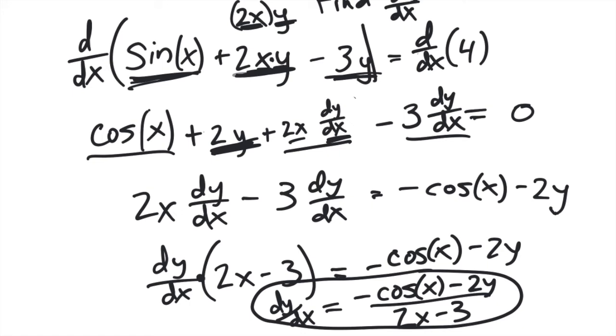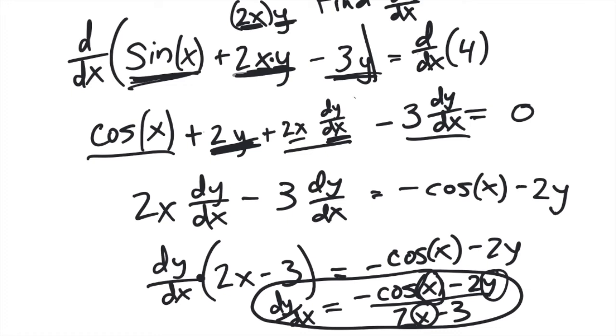So what you could do, though, is if you could find a point on that graph, an x and a y coordinate, and you want to know the slope of the tangent line at that specific point on the graph, you just need to know its x coordinate and its y coordinate. You can plug in the x coordinate and the y coordinate here on the right side, simplify and get one number, and that will give you the slope of the tangent line at exactly that xy point on that graph.